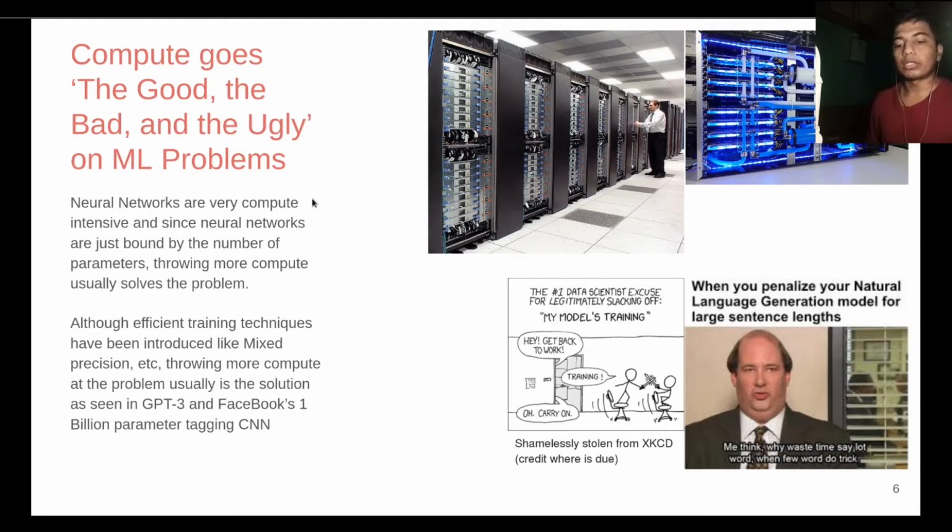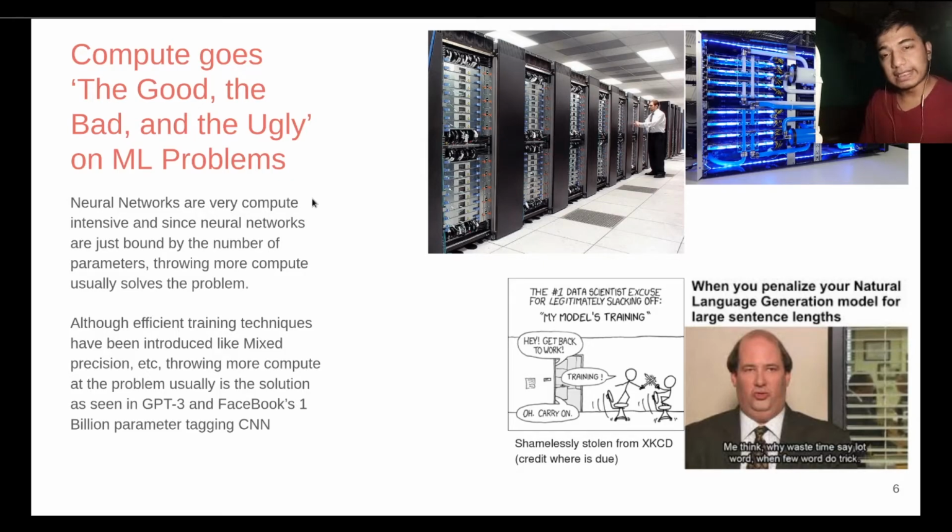And when we say neural networks are all about compute, it's majorly because the solution to any problem when it comes to neural networks is most of the time just throwing a lot of compute at it. And that's about it. One of the biggest examples that has recently come to light is GPT-3.